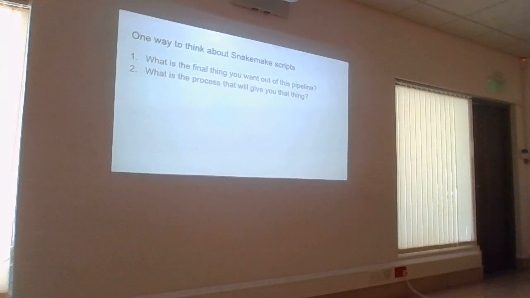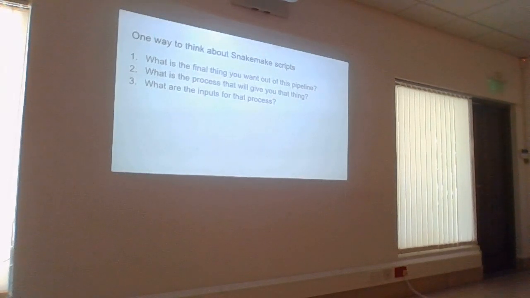Okay, so then what's the process that's going to give me that thing? What's the process that's going to give me a genome assembly? Yeah, a de novo assembler. So you get a genome assembly out of a genome assembler, right? That's the process that's going to give you that thing. Then what are the inputs for that process?